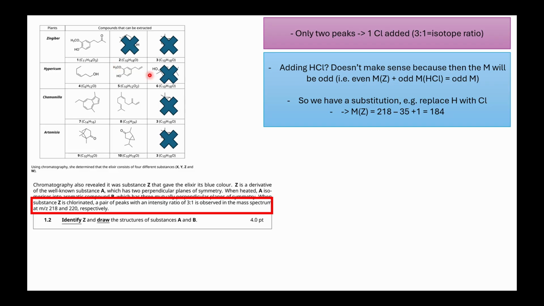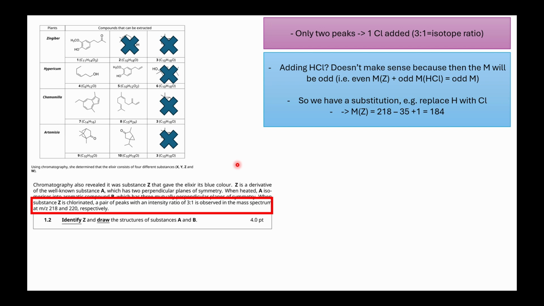So we know that when you start with an even mass and add an odd mass, it's going to be odd, but the final mass here is not odd. So we know we can't have added HCl. Now we know we probably replaced something rather than just adding it, because they deliberately said "when substance Z is chlorinated" instead of "when chlorine is added to the substance."